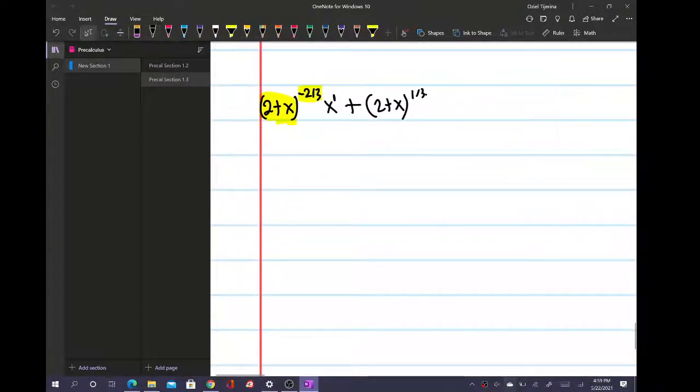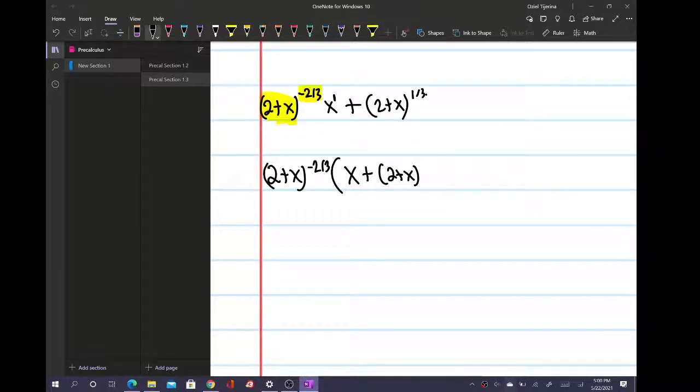That's the only thing I wanted to mention, and so basically, we're going to try to factor out this, and then we're going to say 2 plus x to the -2/3 times x plus the quantity 2 plus x raised to the, how much would it be?